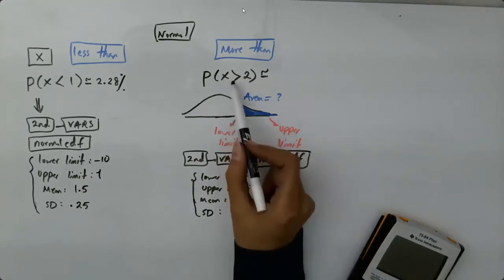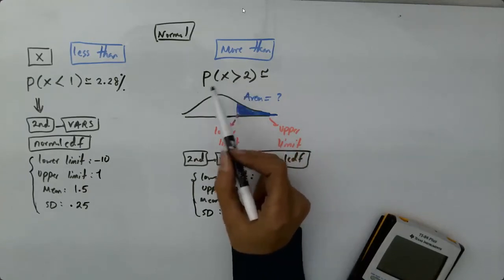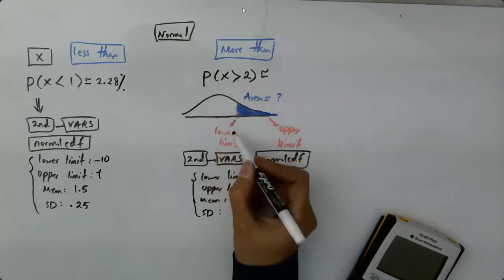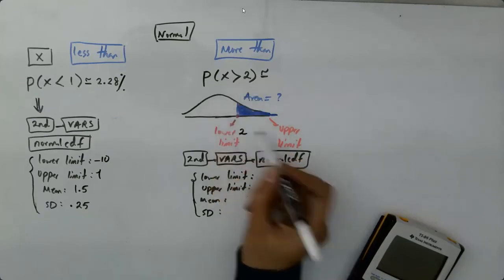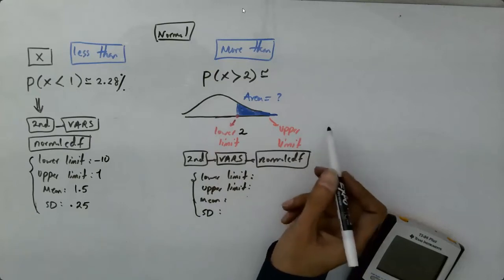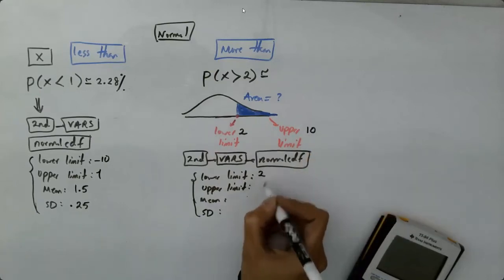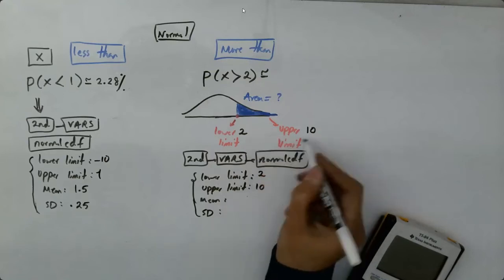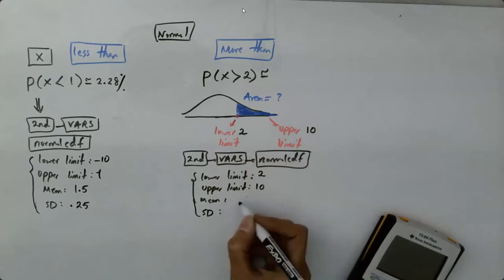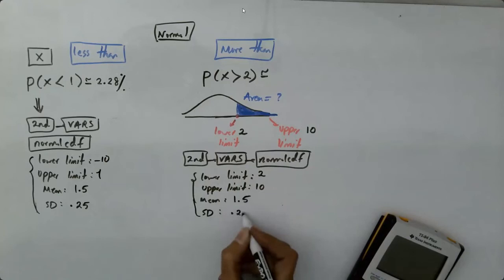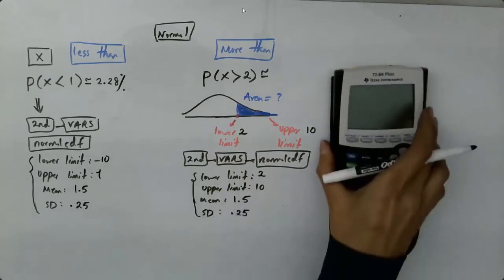Remember that it says larger than 2, like 3, like 4, like 5, so my lower limit is 2. What about my upper limit? Use a large positive number like 10. So lower limit is 2, upper limit is 10, mean the same as the mean of the data, and standard deviation the same as the standard deviation of the data that we had. So let's take a look at a calculator.